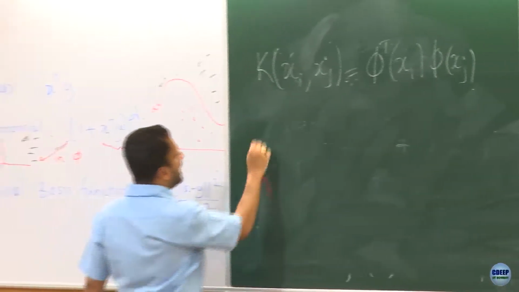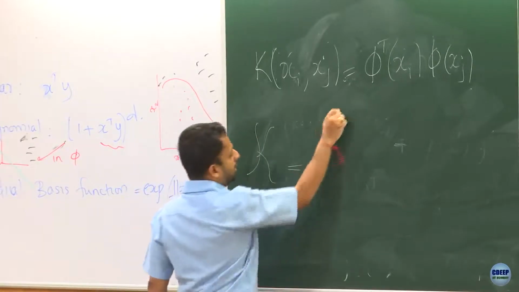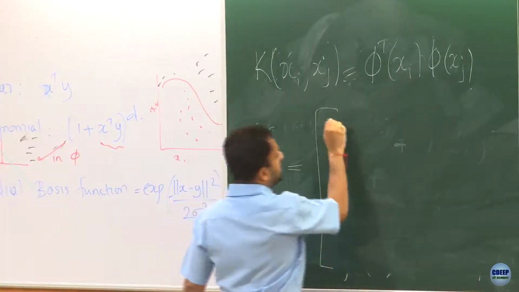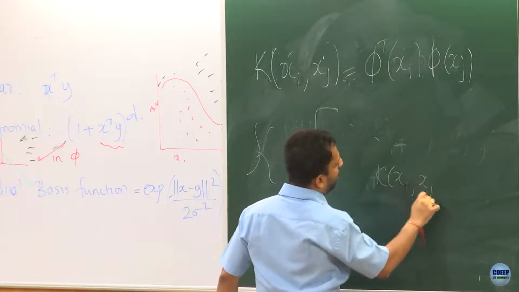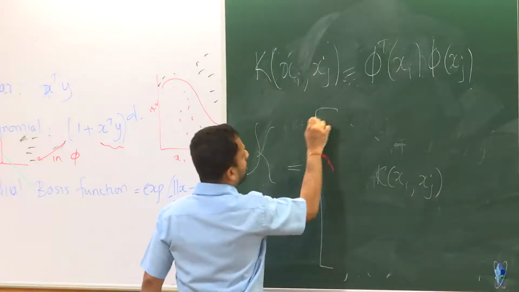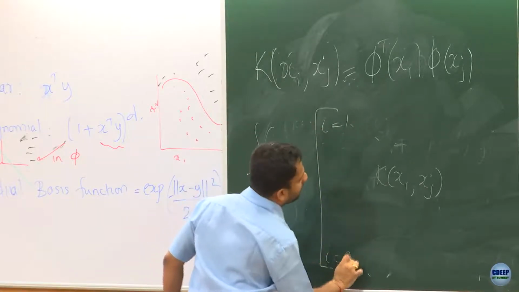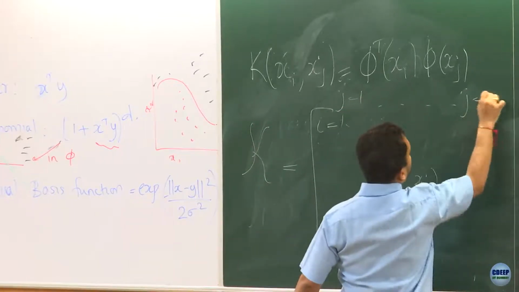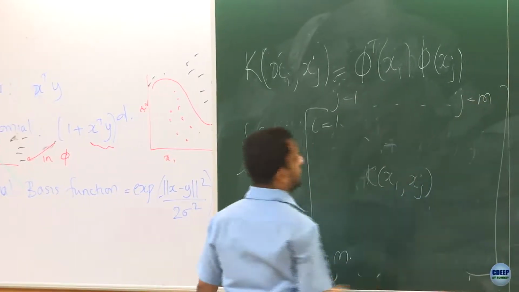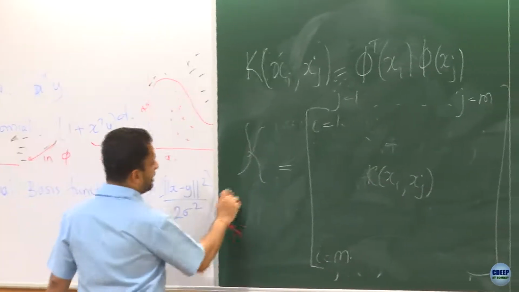On the other hand, I have this calligraphic K, which is a matrix of dot products for data points i equals 1 to m with data points j equals 1 to m. This is what we call the gram matrix.